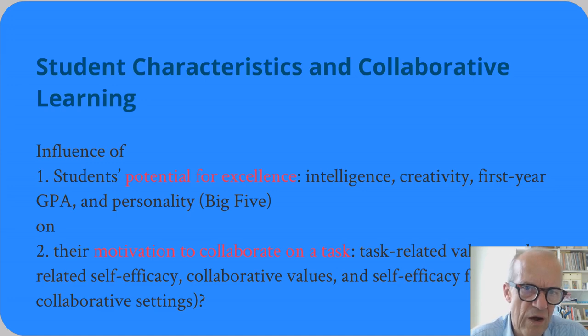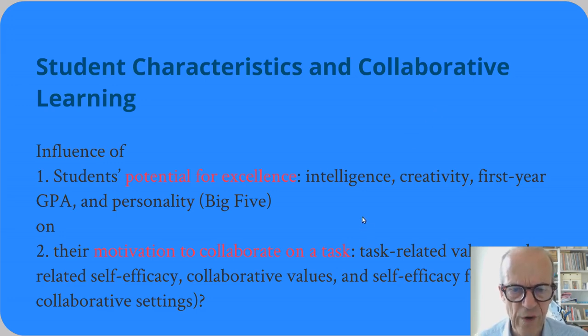We are talking about students of what we call hogescholen, or universities of applied sciences. And so they were in their second year or even third year, I think. And so their first year grade point average was seen as an indicator of their excellency. And the personality characteristics which are combined in the Big Five. So that's one. We'll return to that in a minute.